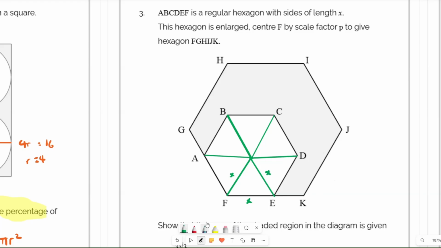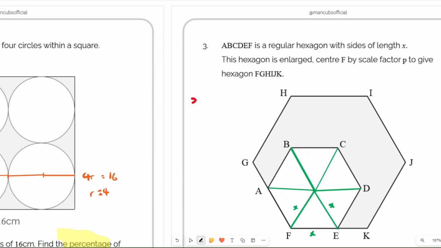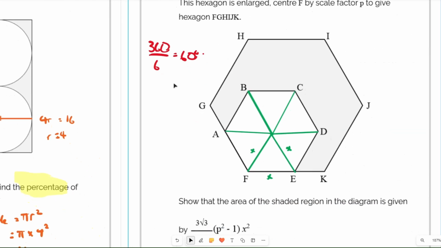So let's just do this on the side. Like in the dodecagon question, we talked about the center being 360 degrees all the way around, and we're splitting it here into 6. So 360 degrees divided by 6 equals 60 degrees, right? So as we know, an equilateral triangle has all three angles 60 degrees.